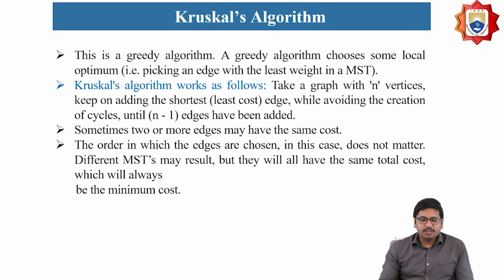Coming to the first one, that is Kruskal's algorithm. Kruskal's algorithm is a greedy algorithm, which chooses a local optimum, that is, picking the edge with the least weight for the spanning tree.